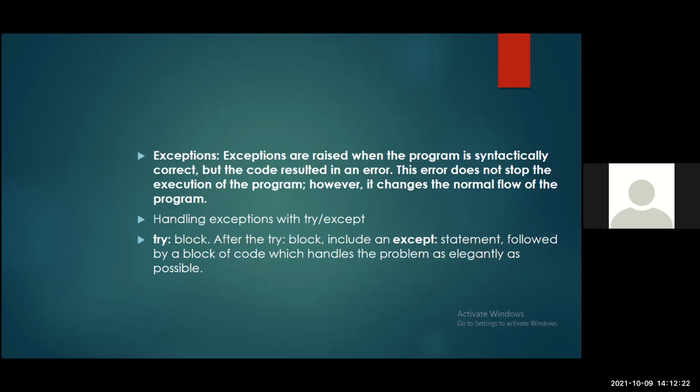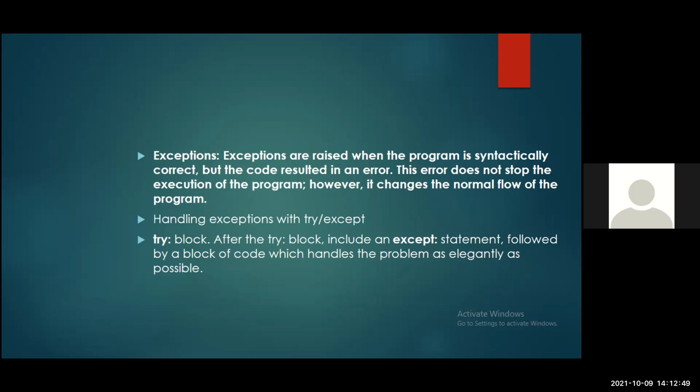So in one simple example, we handle exceptions with try and except. I know at this point you cannot understand what try and except do, but exceptions are raised when the program syntax is correct, but the code resulted in an error.